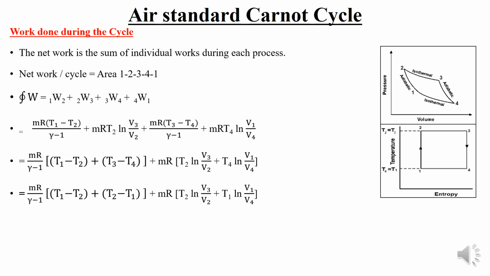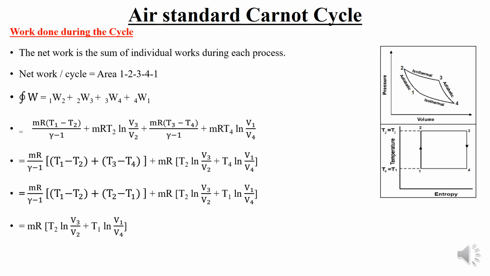Next, see here T3 and T4. Since it is a constant temperature process, T3 equals T2 and T4 equals T1. Replace that and note down the simplified equation. In T1 minus T2, T2 gets cancelled, T1 gets cancelled.